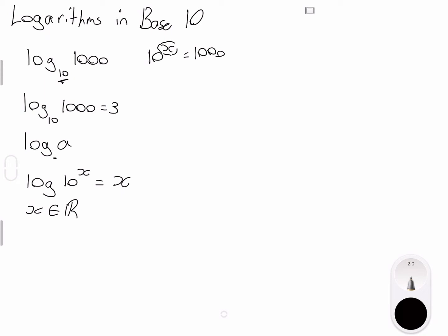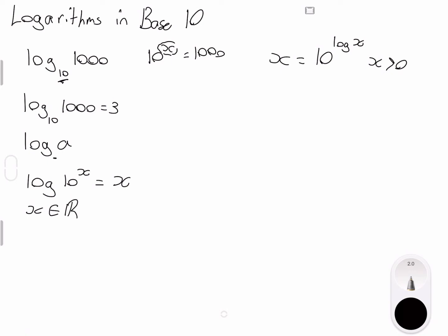Well, another rule to write down is x being equal to 10 to the power of log x, for when x is greater than 0. So what's this going to mean?